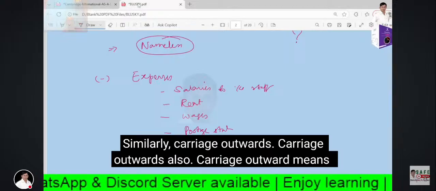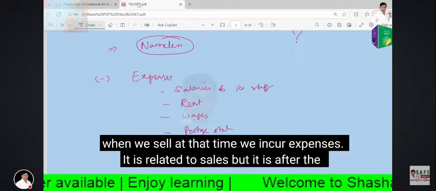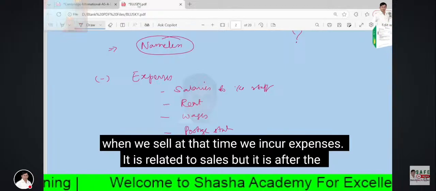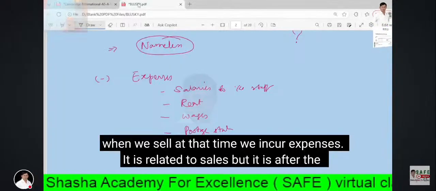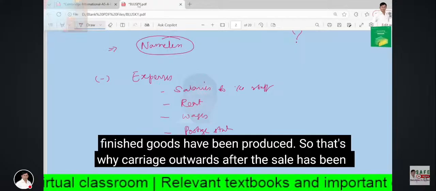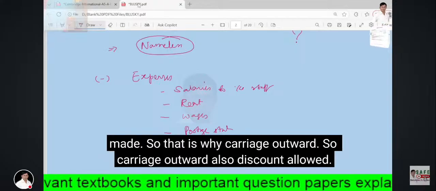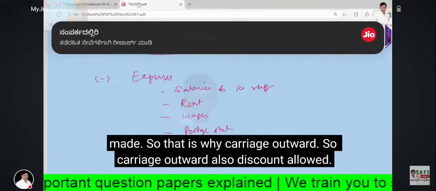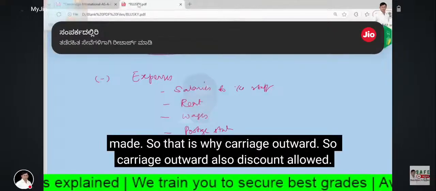Similarly, carriage outwards. Carriage outwards means when we sell, at that time we incur expenses. It is related to sales, but it is after the finished goods have been produced, after the sale has been made. That is why carriage outwards. Discount allowed.